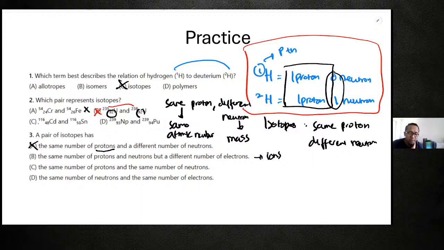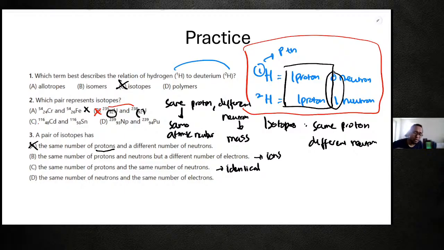The same number of protons and neutrons would mean identical. The same number of neutrons and electrons is again not how isotopes are defined.